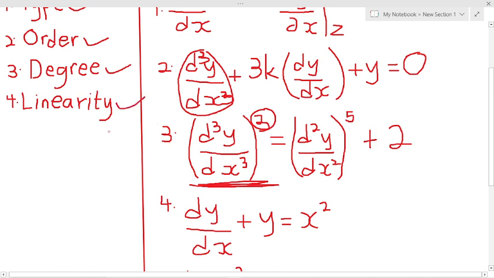The last classification we have here is linearity. For a differential equation to be linear, it has to satisfy 3 conditions. The first condition is that the dependent variable and all its derivatives only occur to the first power.